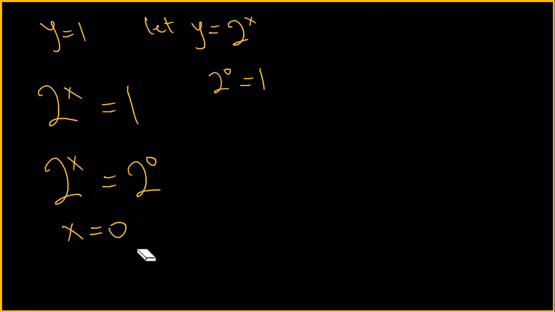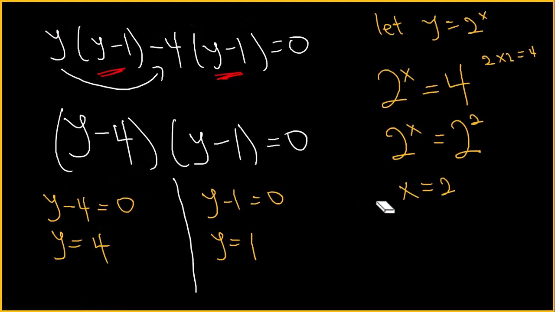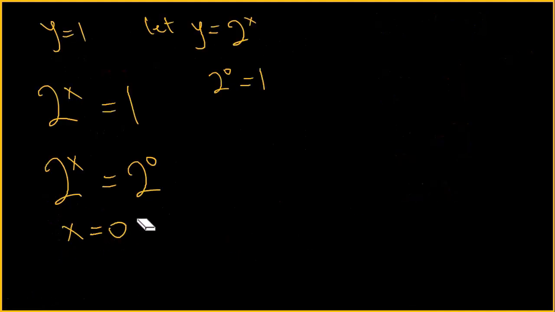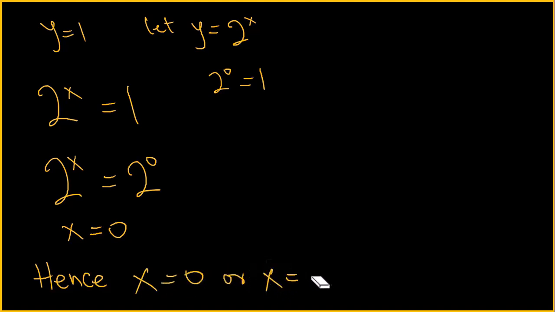So from our question, we have two values of x: x as 2, and x as 0. So we conclude, hence, x is equal to 0 or x is equal to 2.